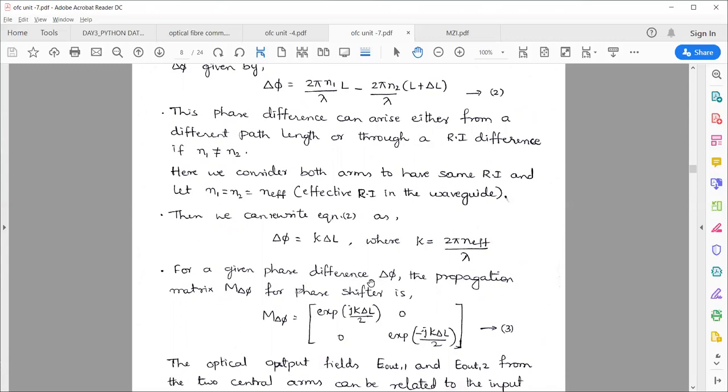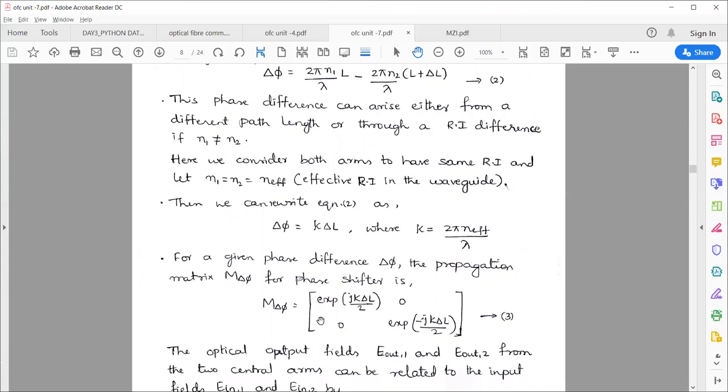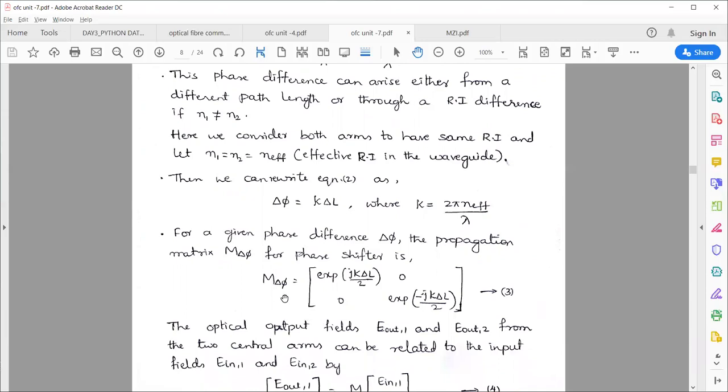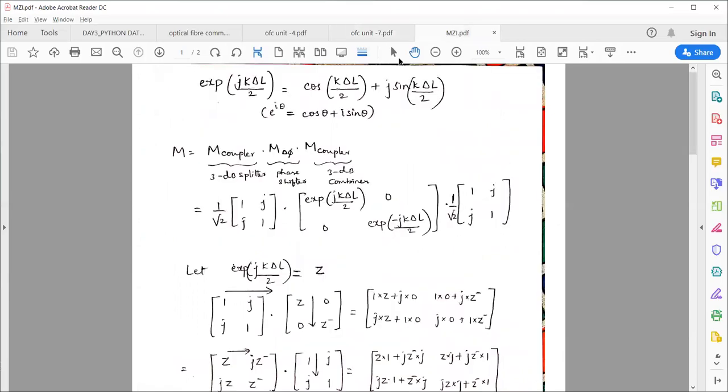For this phase difference that is being generated by the phase shifter, the propagation matrix can now be defined. For a phase shifter, it looks like this: M of delta phi is equal to exponential jk delta L by 2, 0, 0, and exponential minus jk delta L by 2. So what is this exponential jk delta L by 2? It is nothing but a complex number.